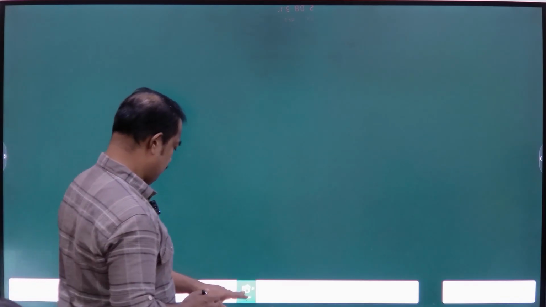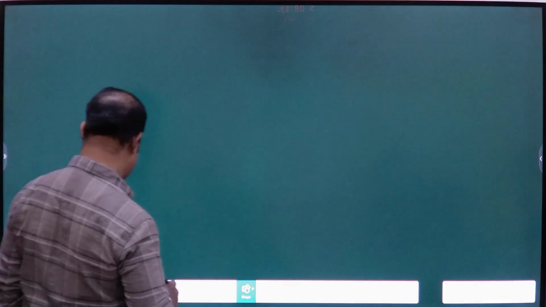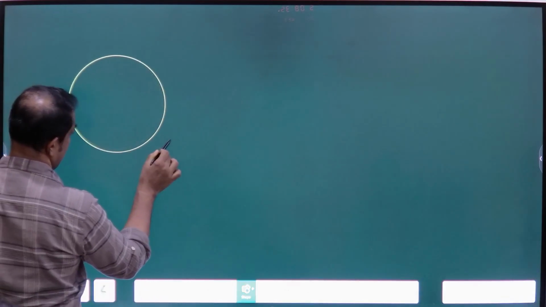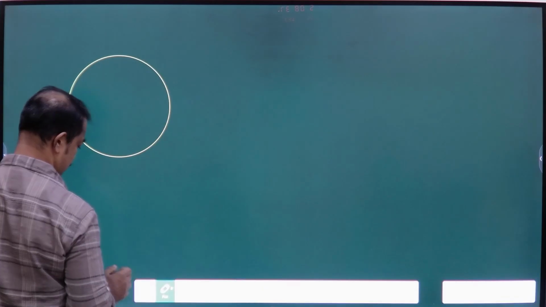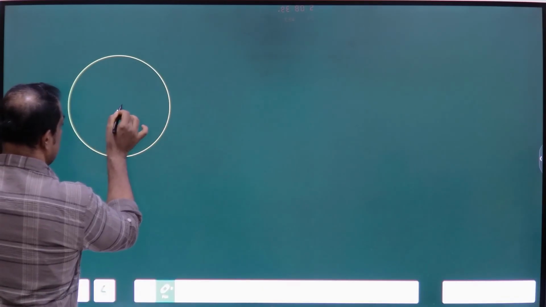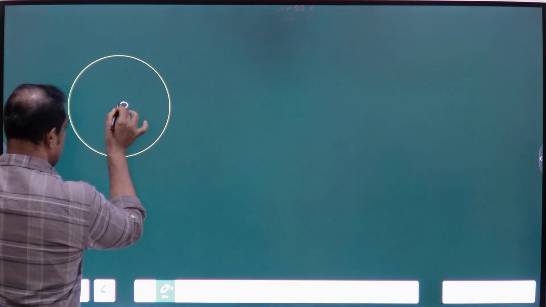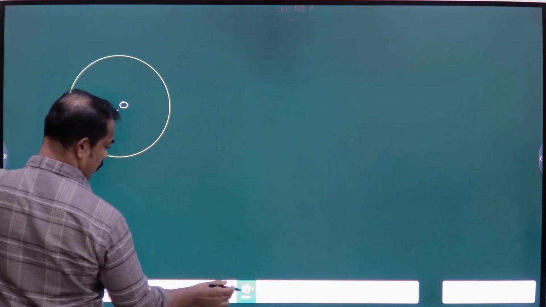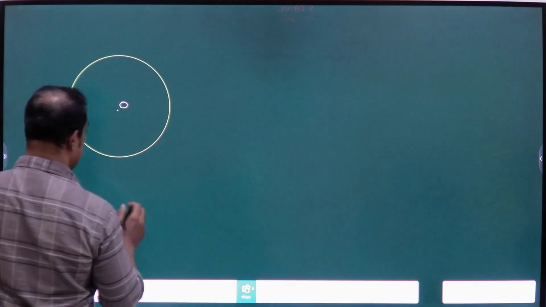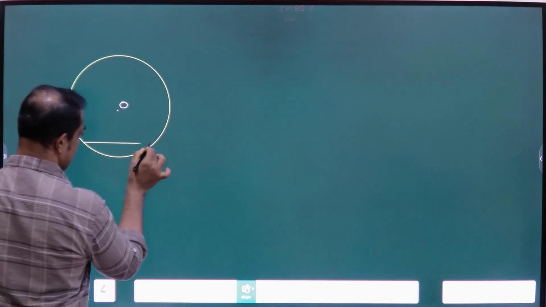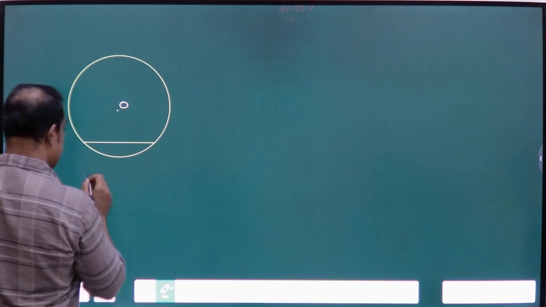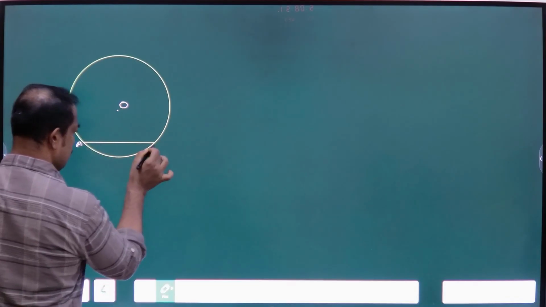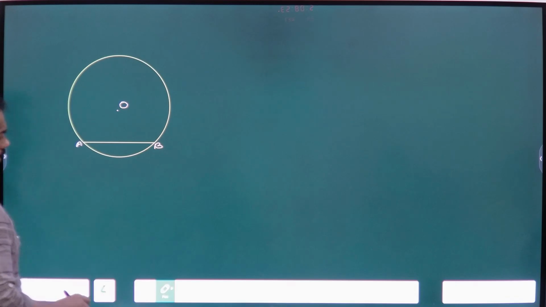Draw a circle of any radius. O is the center of the circle. AB is the chord of the circle.